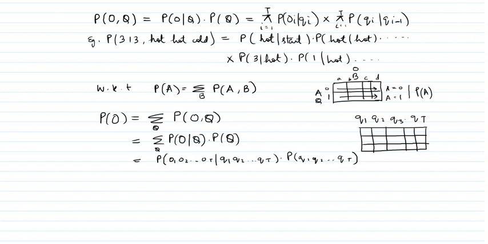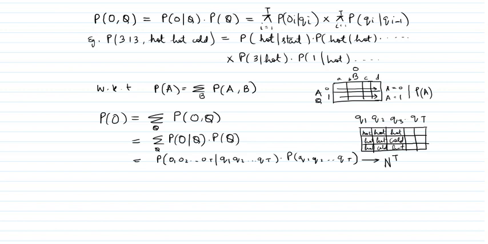If Q1 has n values, that is hot and cold, then n is equal to 2. So it could be hot hot hot, then hot hot cold, hot cold hot, and so on. For this given equation, we will have n to the power T combinations of hot, cold, and so on. If it is hot, medium, cold, then the number of combinations will be more.